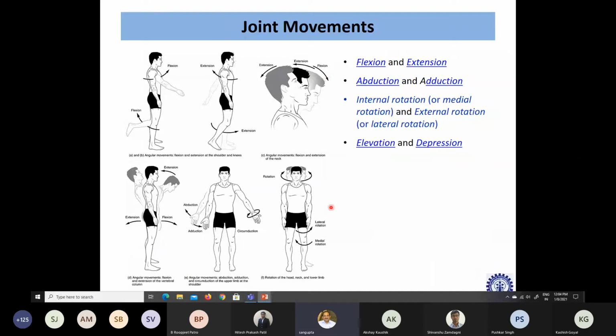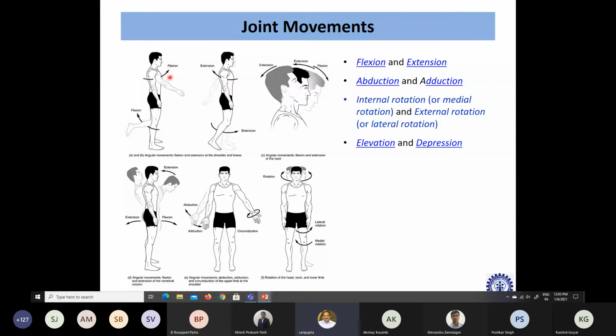Now we have joint movements. As I was telling you, we will get to know about the joint movements. You can see here what is flexion. You raise your arm towards the front of the body, that is basically flexing your arm.